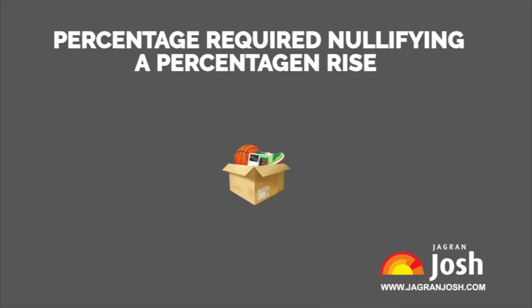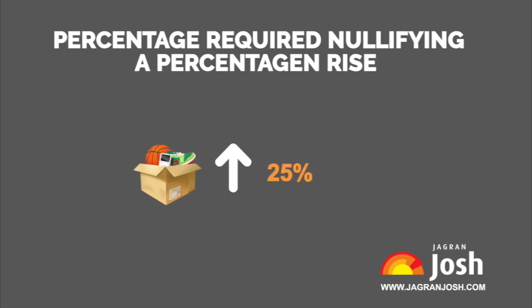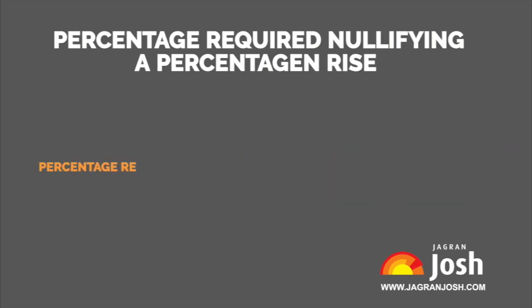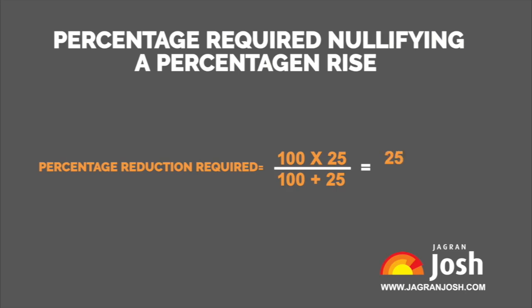For example, if the price of a product went up by 25%, by what percentage should the price be reduced to make the price even? Percentage reduction required is equal to 100 multiplied by 25 divided by 100 plus 25, which is 2500 upon 125, equal to 20%.